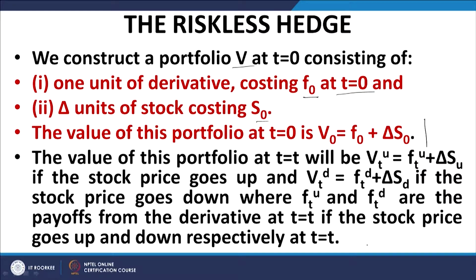Now, what happens at t equal to small t? At t equal to t, the stock jumps either upwards or downwards, it jumps to S0u or it jumps to S0d. At the same time, the derivative may make a payoff. Let us assume that the derivative makes a payoff of fu if the stock price goes up and it makes a payoff fd if the stock price goes down.